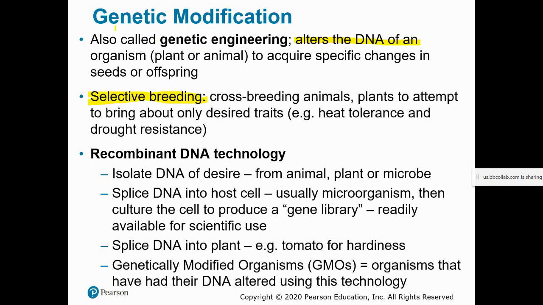One of the ways that we've been genetically modifying our plants and animals for human consumption is through things like selective breeding. So crossbreeding two animals because maybe one animal is really robust, has a really healthy immune system, and can tolerate many different climates or diseases.